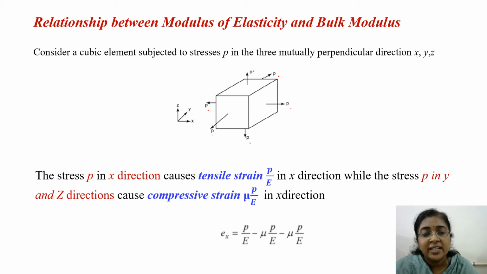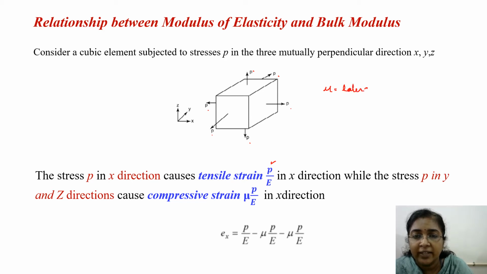This tensile stress P will cause a tensile strain P by E in the x direction. Because of this tensile stress P, the strains in the lateral directions will be compressive, and the lateral strain is given by mu into P by E, because we have already studied that the Poisson's ratio mu is equal to lateral strain divided by longitudinal strain.